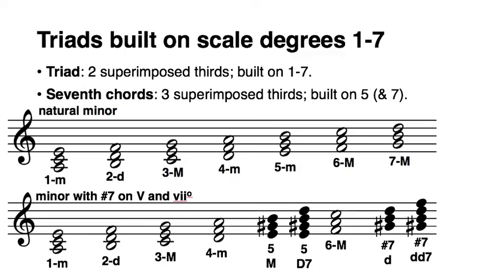Like what we saw with major scales, with major keys, if you get the scale degrees of a minor scale, say in this case A minor, the minor scale that does not have any accidentals, and you superimpose two thirds on top of each of those scale degrees, and all of those notes will be abiding by that scale's composition and in terms of accidentals, right?